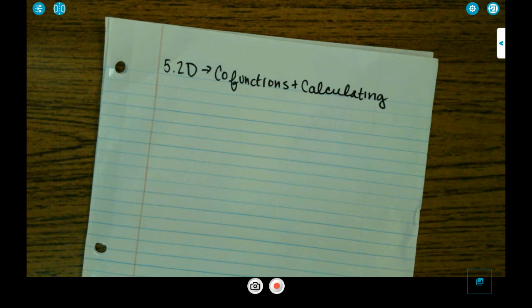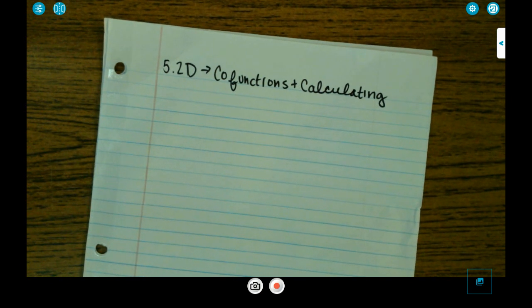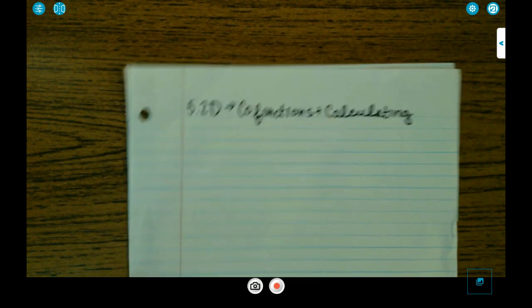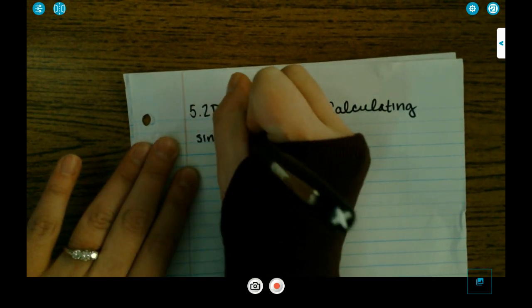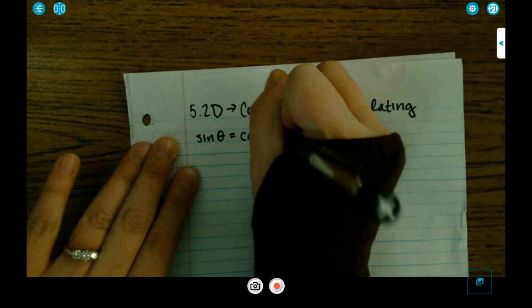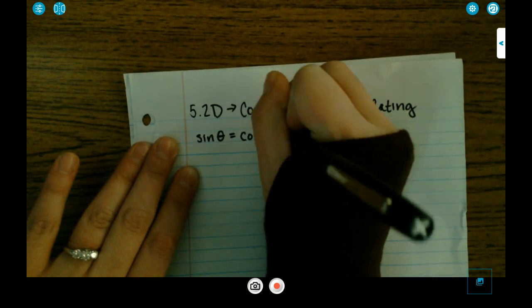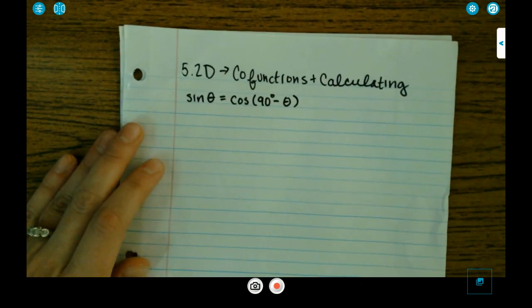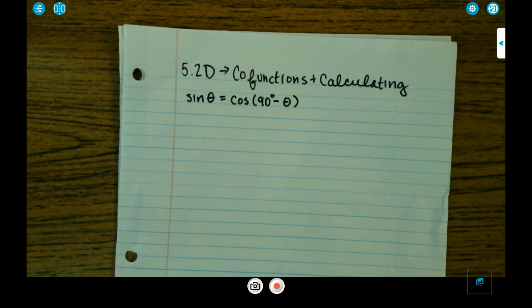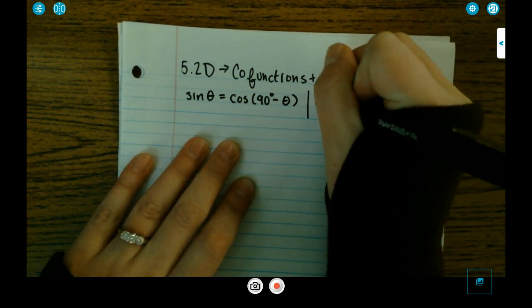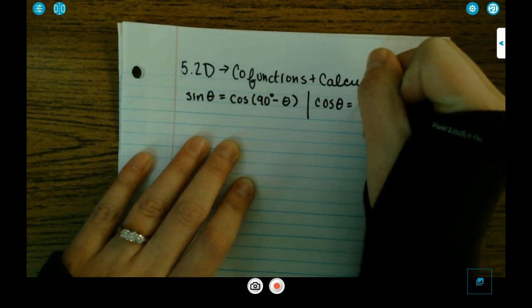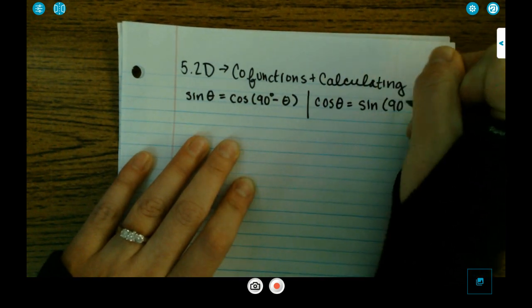And how we can use those is that sine of theta is equal to cosine of 90 minus theta. Put degrees on that. Alternatively, cosine of theta is equal to sine of 90 degrees minus theta.